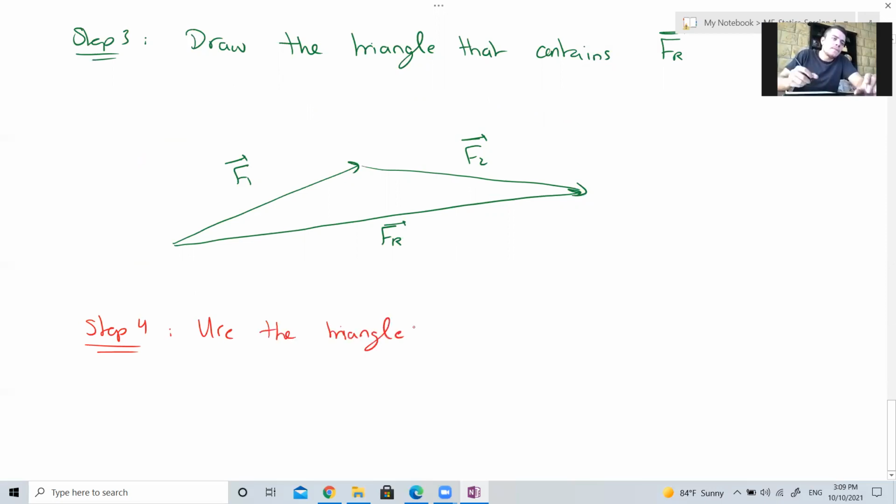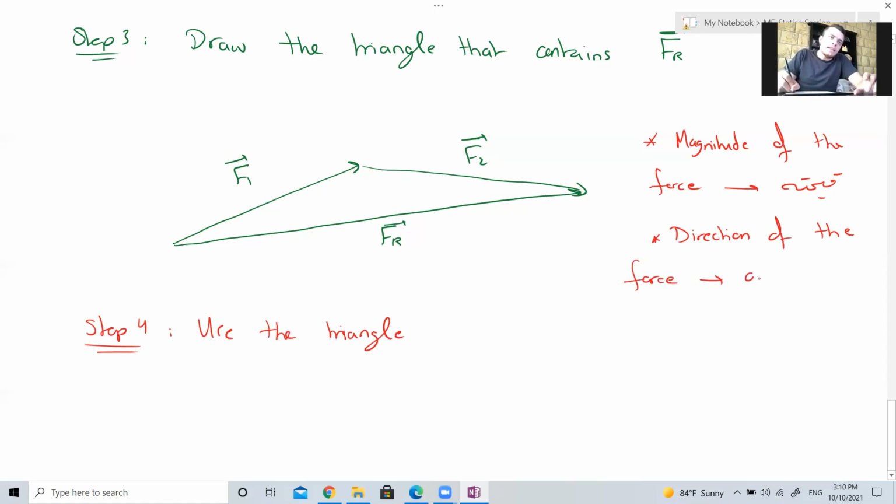The direction is beta, how much angle it makes with the horizontal. The magnitude of the force is its value. When I say the direction of the force, what does it mean? It is the angle the force makes with the horizontal. Understood? Understood.